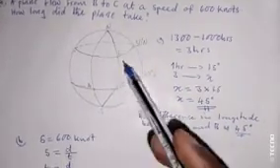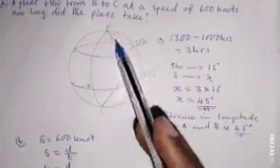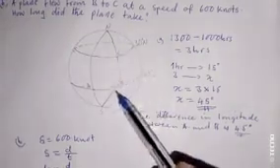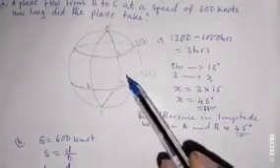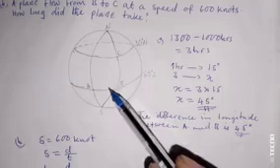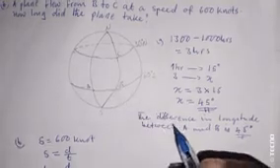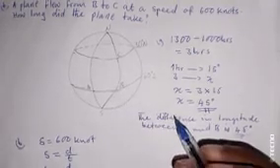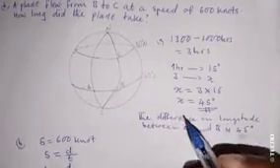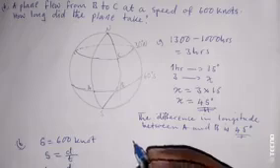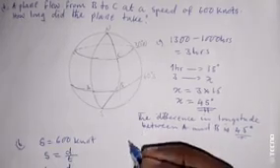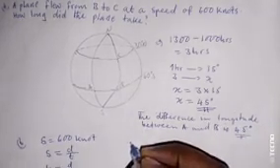This distance is in nautical miles, and here we don't use a calculator, which means you are not supposed to use pi as 3.142.